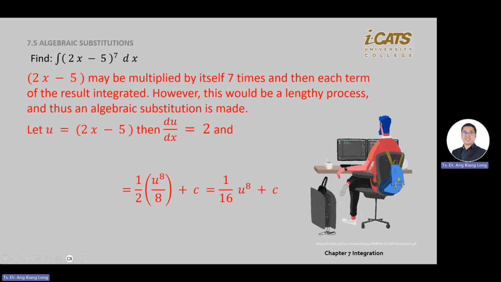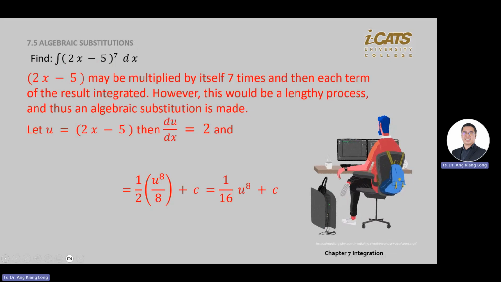You will get this: integrate (2x minus 5) power 7 dx equal to integrate u power 7 times dx, which is 1 over 2 du. So you put the half to the front, integrate u power 7 du.